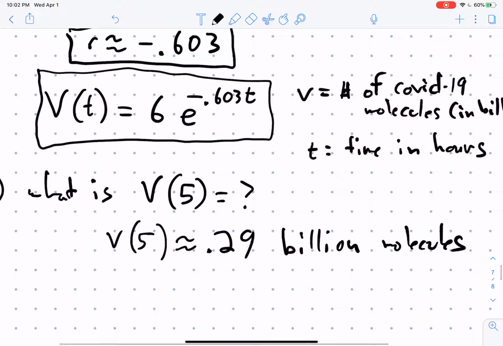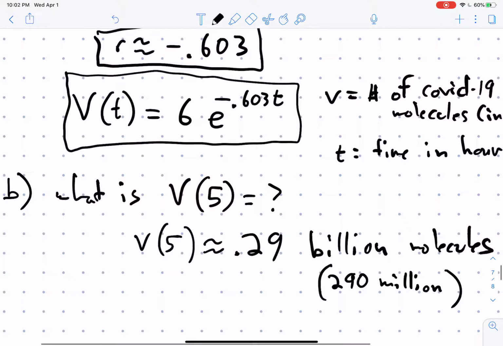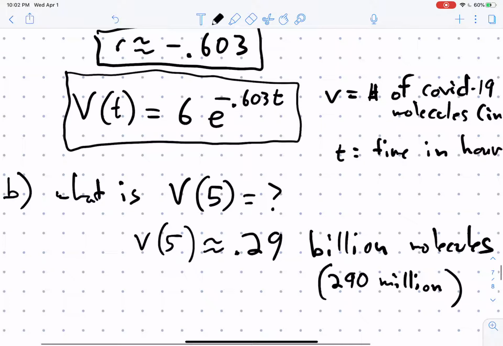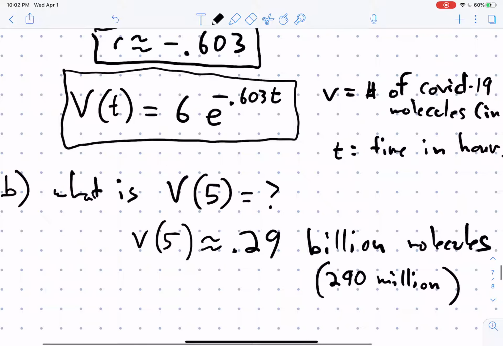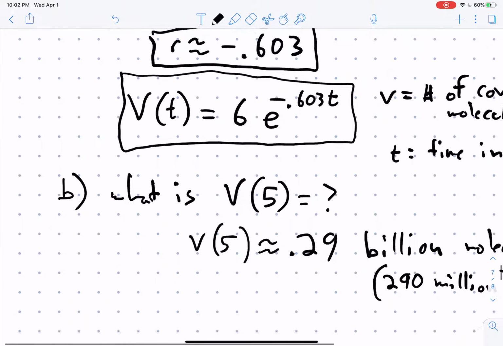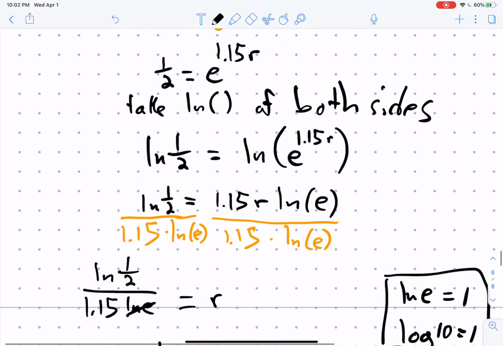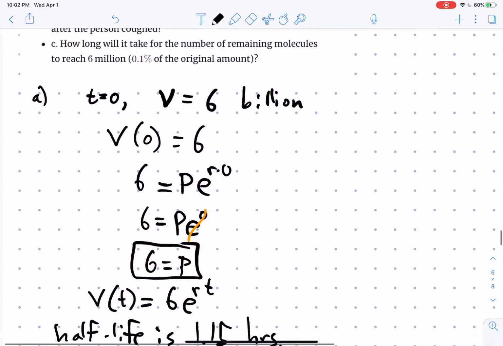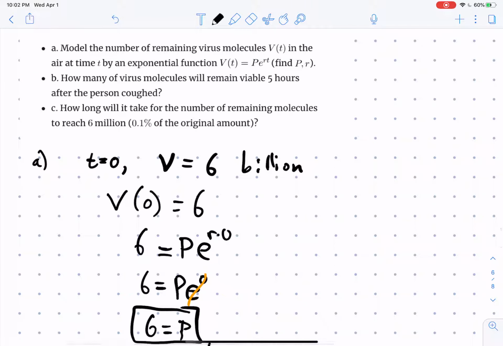And if you're interested in actually knowing the number, this is 290 million molecules left. Great. So this says that after 5 hours, the number has reduced from 6 billion to 0.29 billion, or to 290 million. That is our answer to part B.